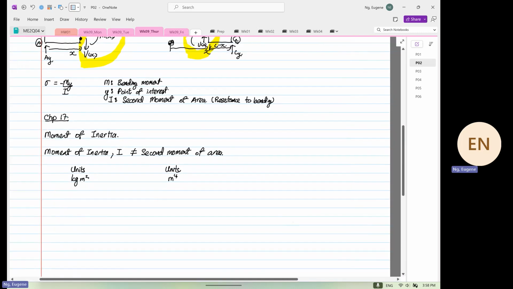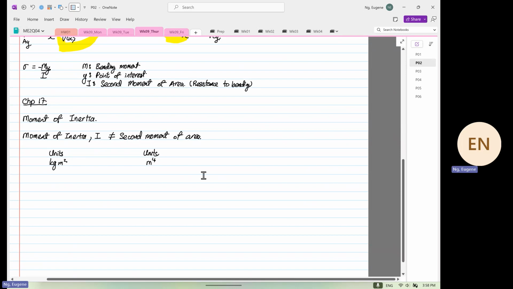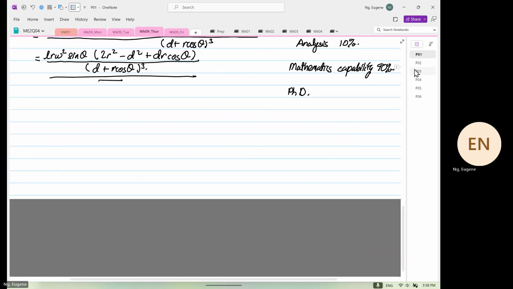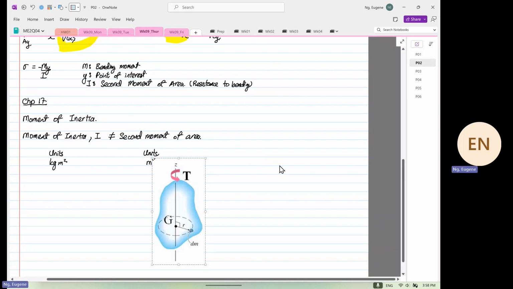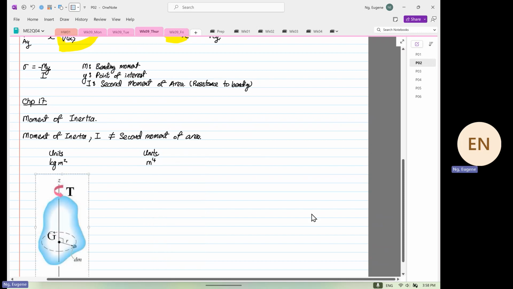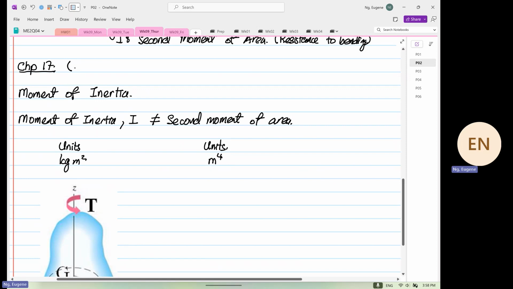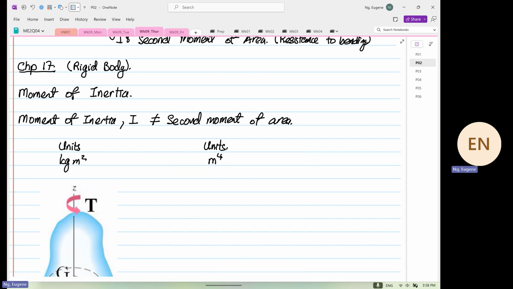Now I've posted this diagram on Avenue to Learn. You can get it from the diagram. So now we have a structure. What we are learning over here is all to do with, again, rigid body. If the structure you are analyzing is not a rigid body, this is not applicable.